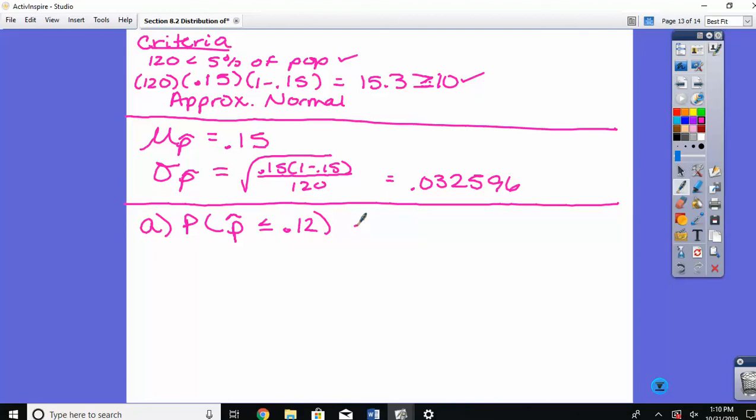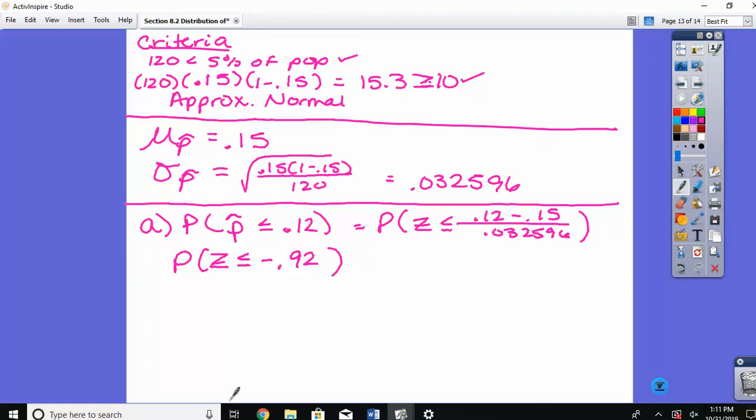So z is 0.12 minus 0.15 over 0.0326, less than or equal to, that's what my table tells me. So if I look up negative 0.92, it's 0.177 or 0.178.